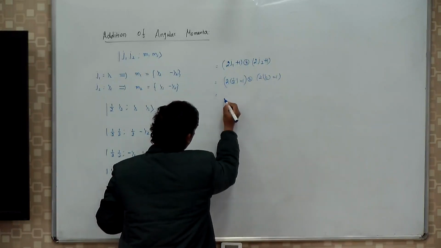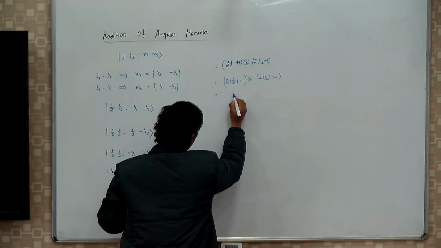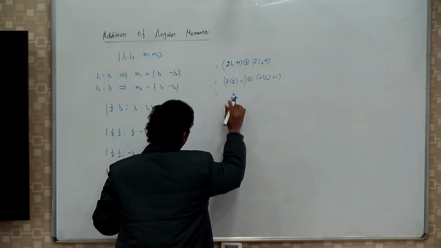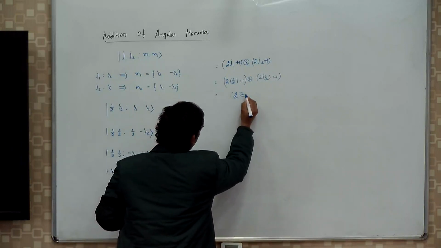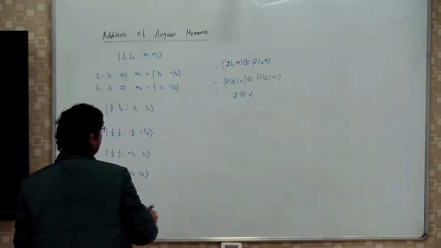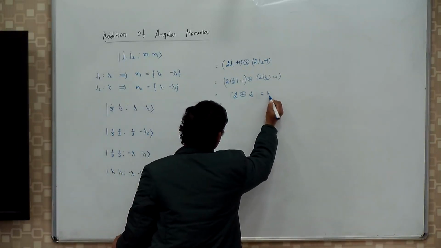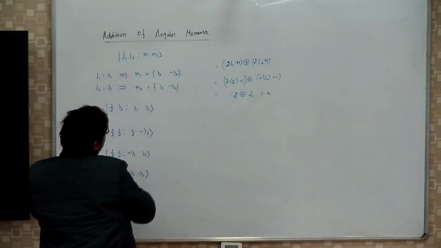This gives 2 times 2, which is 4. We will get a total of 4 state vectors by composing J1 with J2.